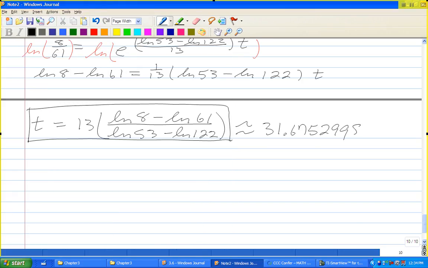And these are minutes. Oh no, these are just minutes. And so this is approximately 32 minutes. So it takes around 32 minutes for this to cool.